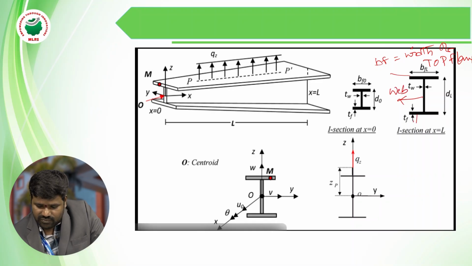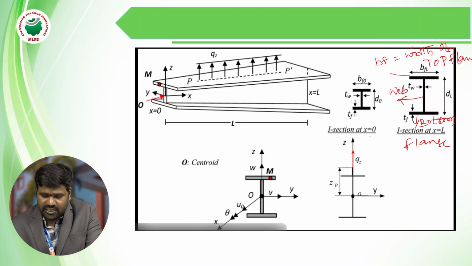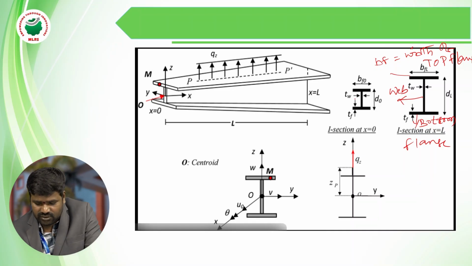This is called the bottom flange. See the I section at a distance x equal to 0. So the symmetrical centroid is 0 at the center point. This is called the zero centroid.